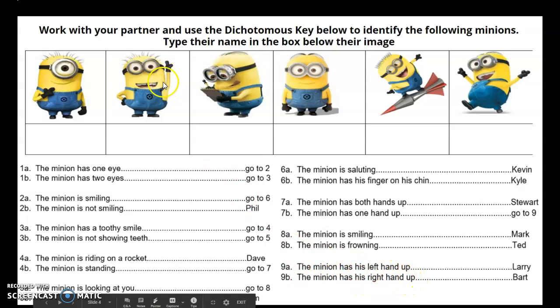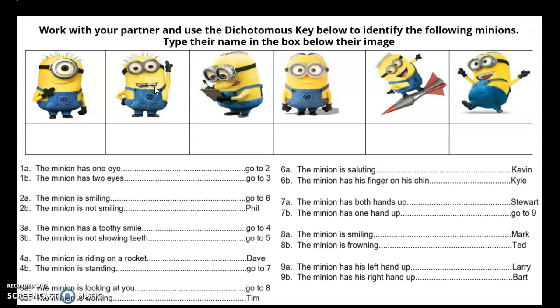Okay, well, this is his left. I'm looking at it on the screen, and on the screen it's on my right, but that's his left hand. So his left hand is up. So then I go over here for 9A. His left hand is up. That's Larry. Okay, this little guy's Larry.